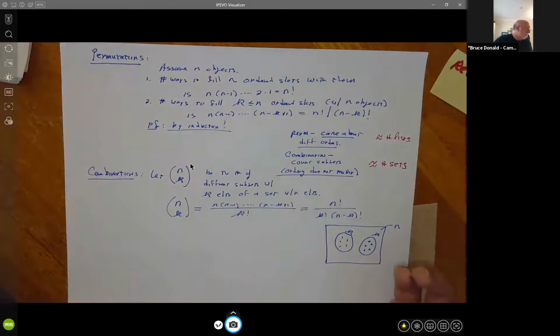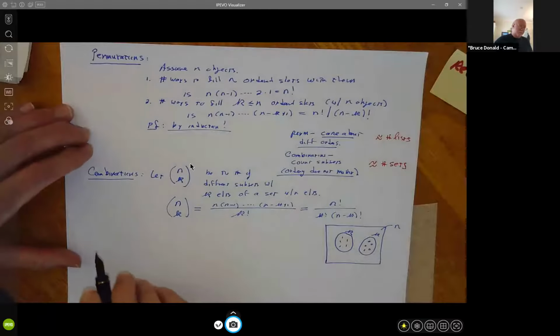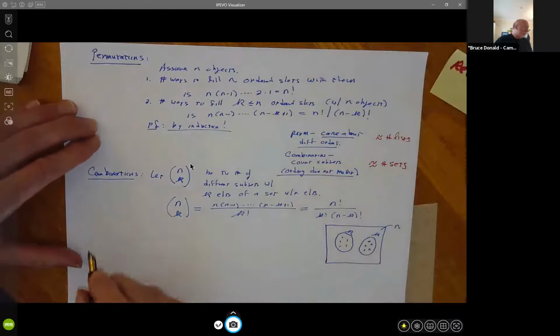Why should this equation be true? Well, first we choose a subset. That's the subset here. And then we order its elements in a row to fill k ordered slots with the elements from the set with different objects, right? Then distinct choices of a subset and an ordering thereof will end up as distinct orderings. So therefore we can derive this formula as follows.